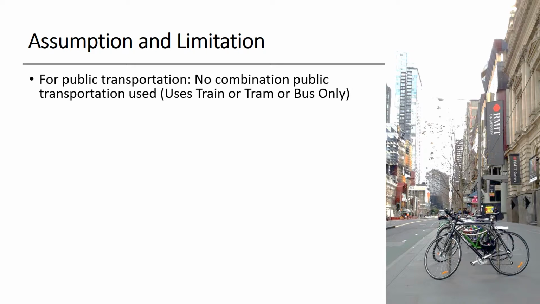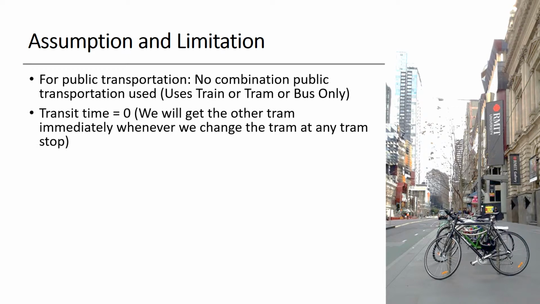No combination applied. Second, the transit time is equal to 0. If we go back to the previous example, when we use tram and we need to make a transit at a particular tram stop, we will get the other tram immediately.